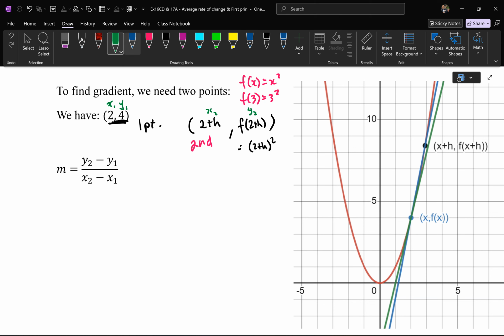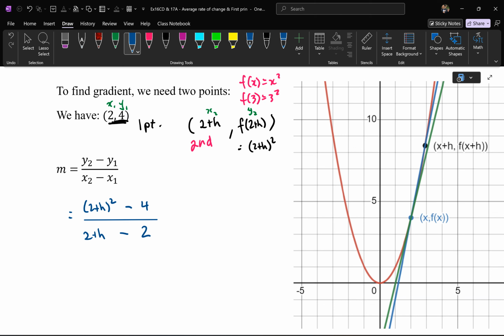So if we write it all together, this is what you should get. y2 is 2 plus h squared minus y1, which is 4, divided by x2, 2 plus h, minus x1, which is 2. You following what I'm doing? y2 minus y1, that's there. x2 minus x1 is there.